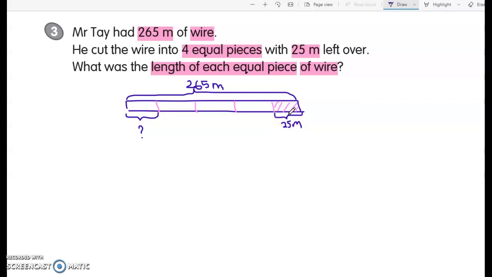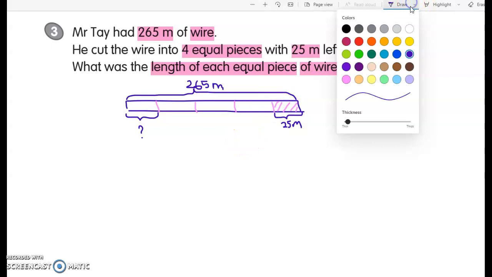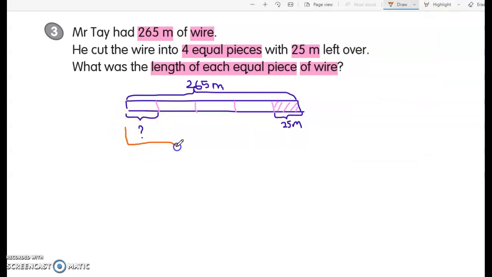So where do we start off? Now, if you can see, they are all equal sizes for the 4 pieces. So step number 1, we need to find this out. We need to find the length of the 4 pieces only up till here. Right? So first we need to, step 1, we need to find this length of the 4 equal pieces.